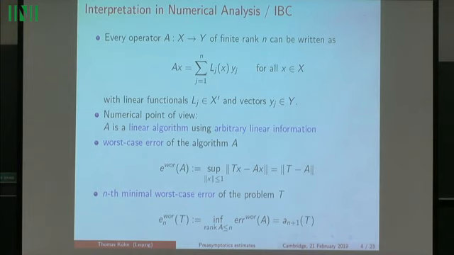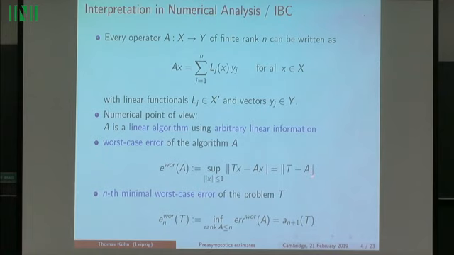So this is a linear algorithm, and it is using arbitrary linear information. Arbitrary means that we have arbitrary linear functionals. In other talks, it was just function evaluations. This is standard information. Okay, so the error of the algorithm evaluated at x is the norm of Tx minus Ax, and the worst case error is the supremum over the unit ball of the first space.